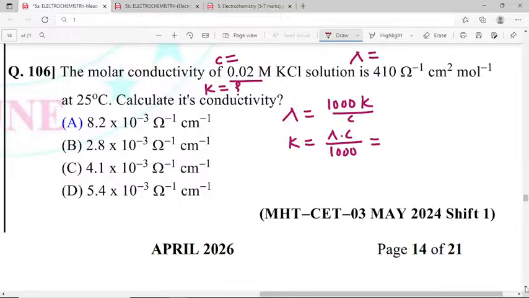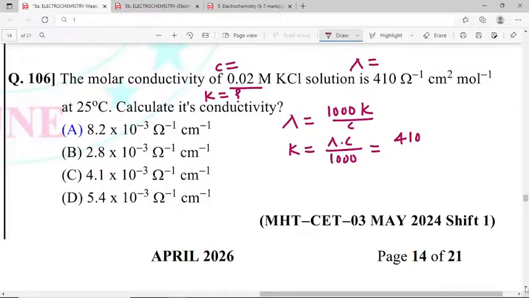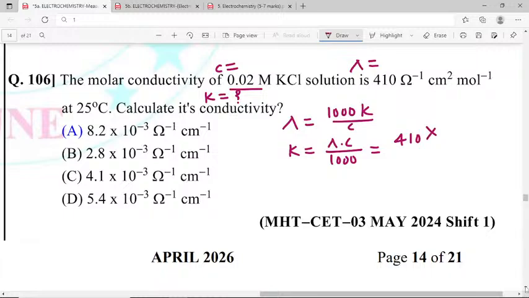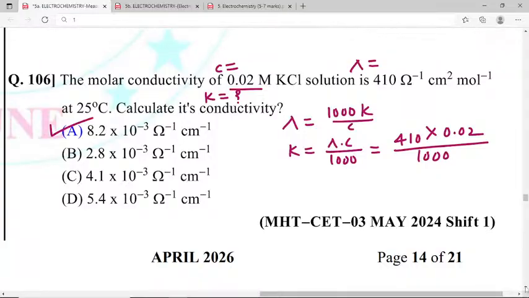Substitute the value, we will get the answer. Molar conductivity 410, concentration 0.02, this whole divided by 1000. Zeros get cancelled, we will get the answer 8.2 into 10 to the power minus 3.